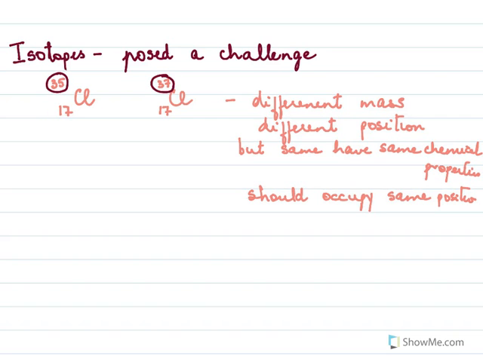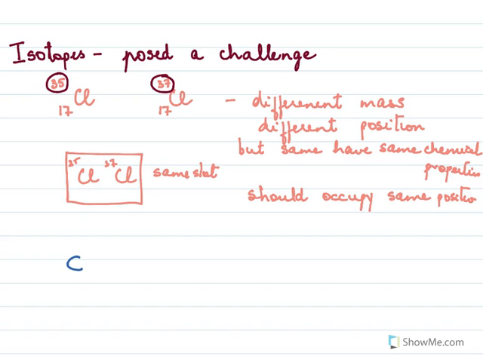They should have had different positions, but same chemical properties. So both these were put in the same slot. Cl-35 and chlorine-37, although they had different atomic masses, were put in the same slot. So isotopes posed a challenge to Mendeleev.